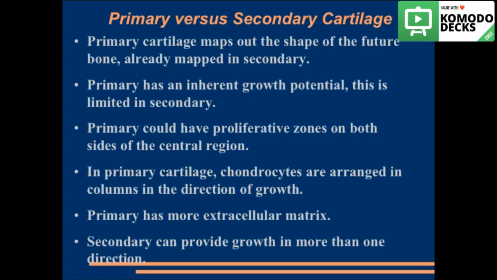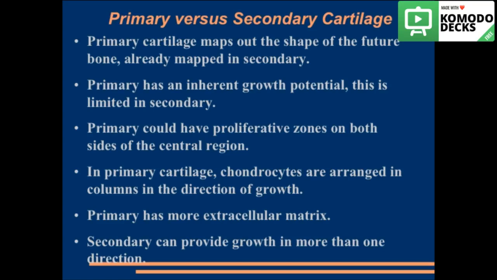The primary could have proliferative zones on the side of the central cartilage region, while in the secondary condylar cartilage we have undifferentiated fibroblasts that undergo proliferation. Also in the primary cartilage we would have more extracellular matrix that is responsible for the cell proliferation.